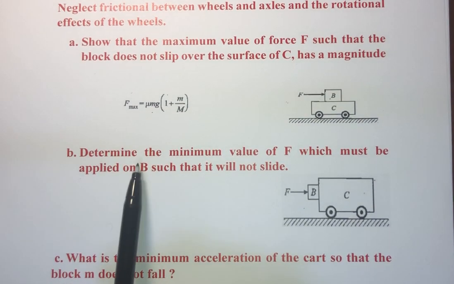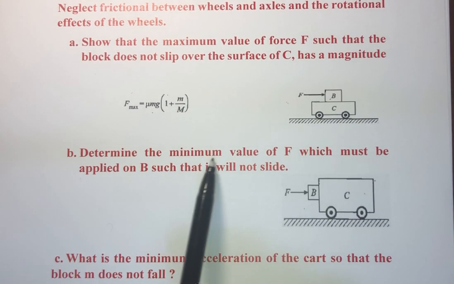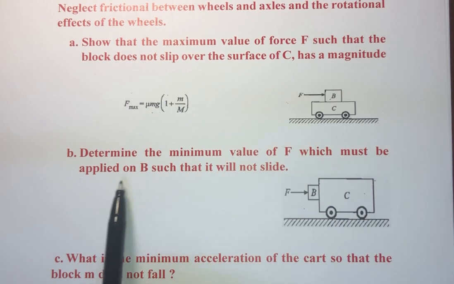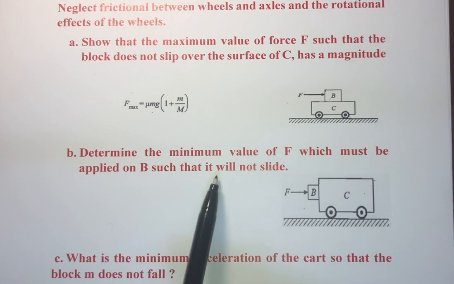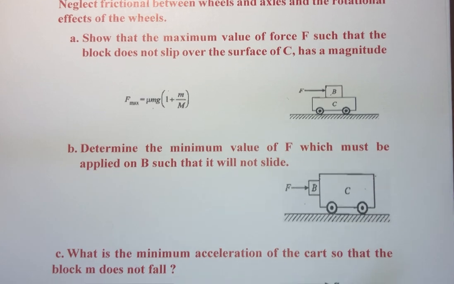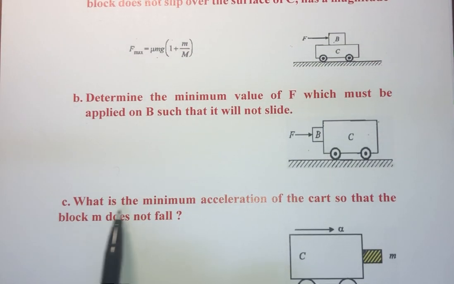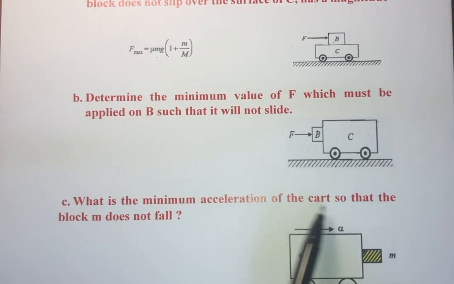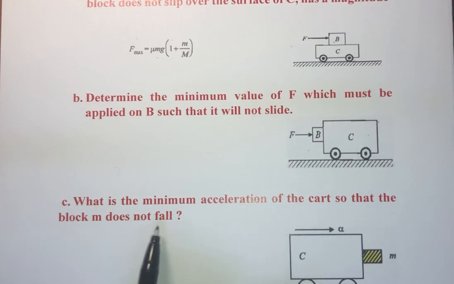And B part, determine the minimum value of F which must be applied on B block such that it will not slide. And the C part, what is the minimum acceleration of the cart so that the block M does not fall.